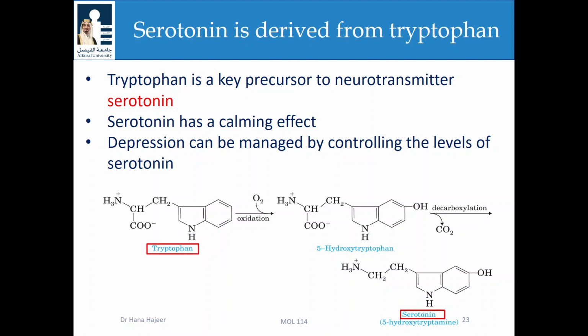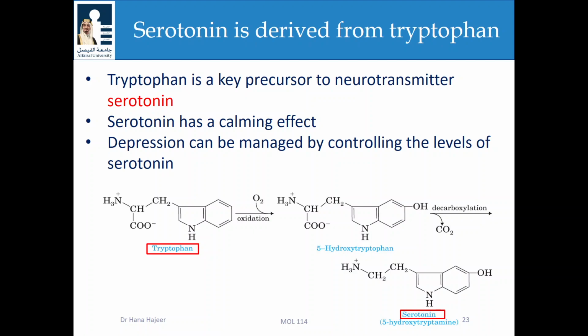Does anyone know what serotonin is? Yes? It's the happiness hormone. What do we give to people with depression? SSRI, mashallah, very advanced knowledge. What is an SSRI? What does it do? It raises the level of what?